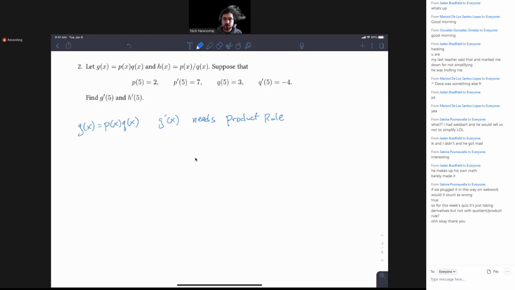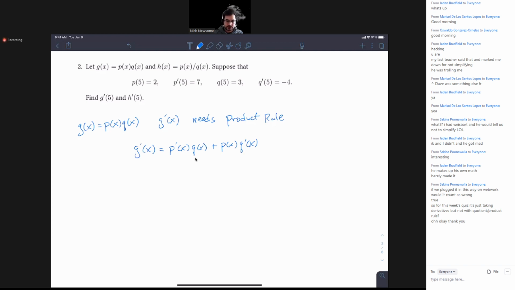We just have to know what product rule is. So g prime of x is derivative of the first one times the second one plus first one times derivative of the second one. That's what product rule says.